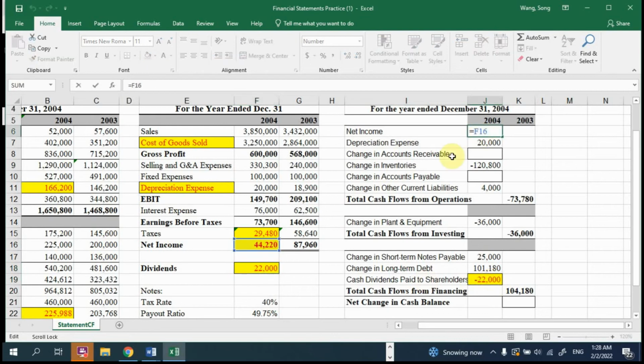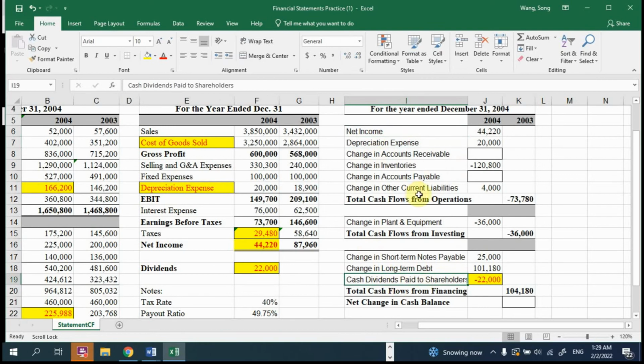And net income is a number directly borrowed again from the income statement, and when we add these two together, net income plus negative dividends, that is the change in retained earnings. But we put them separately because net income and cash dividends, one is about operating activities, and this one, dividends, is about financing activities.